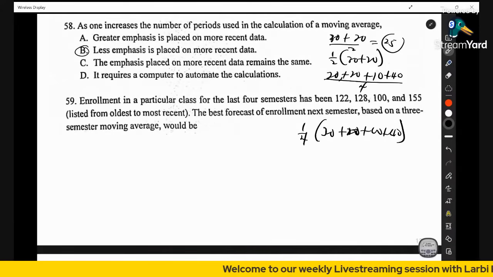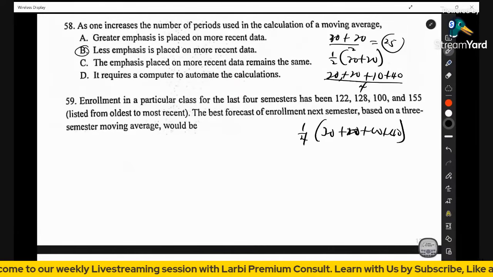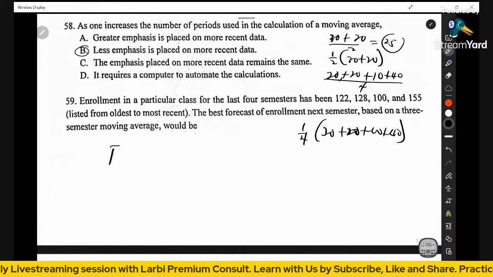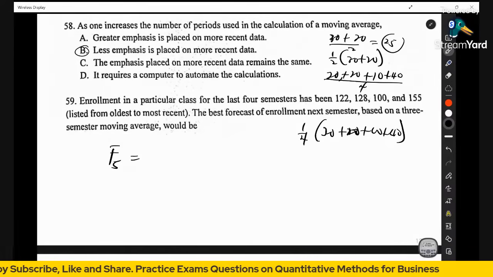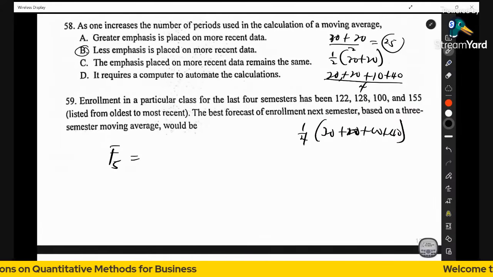So here we have 4 semesters. If you are going to forecast for the next semester, that's the forecast for the 5th semester, and you are using a 3-semester moving average. So that's going to be the 3 most recent data.